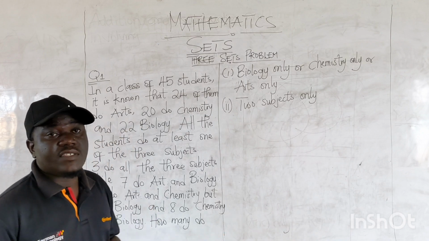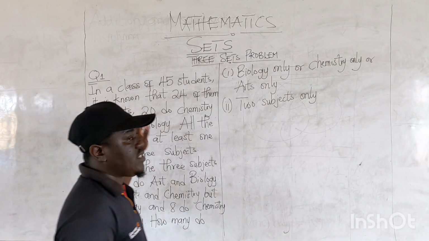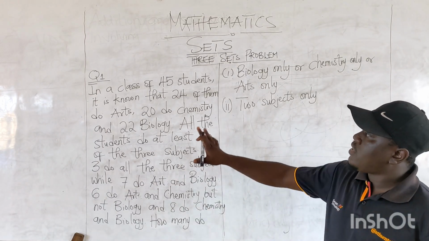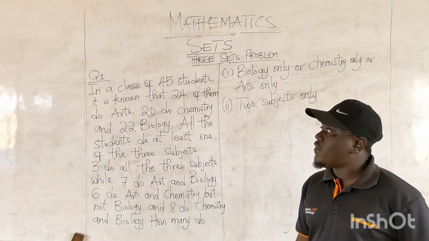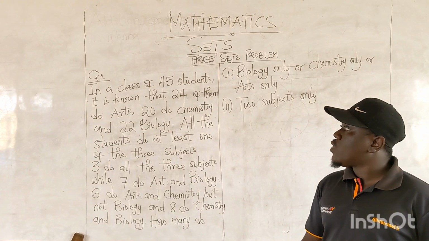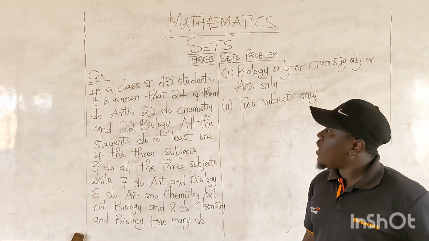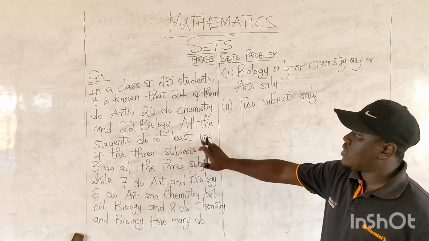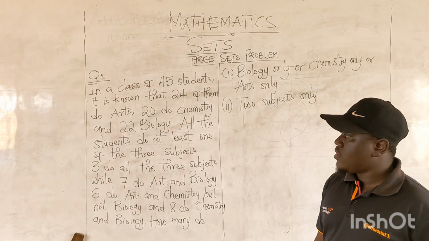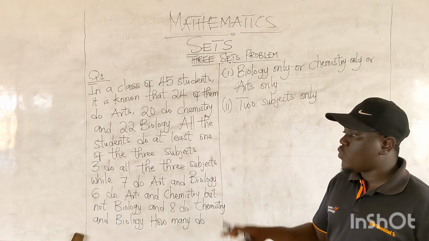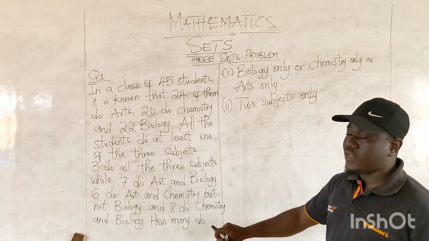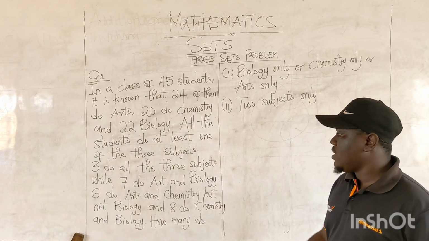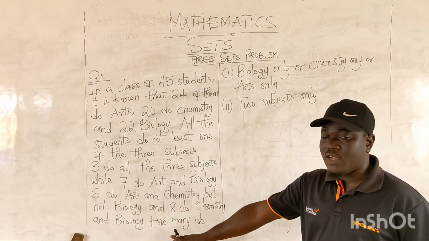Alright, so we have our first example on the 3-set problem. In a class of 45 students, it is known that 24 of them do arts, 20 do chemistry, and 22 biology. All the students do at least one of the 3 subjects. 3 do all the 3 subjects, while 7 do arts and biology. 6 do arts and chemistry, but no biology, and 8 do chemistry and biology.